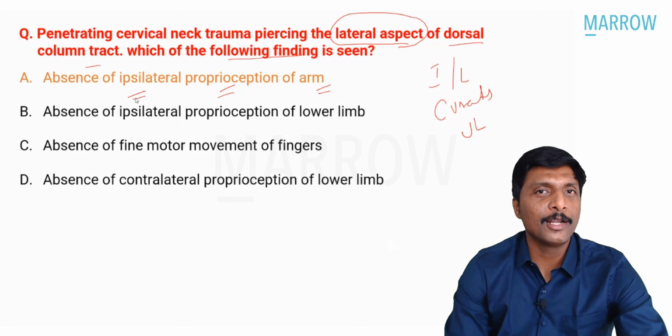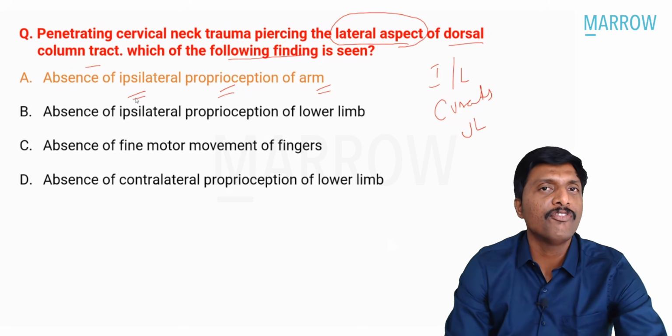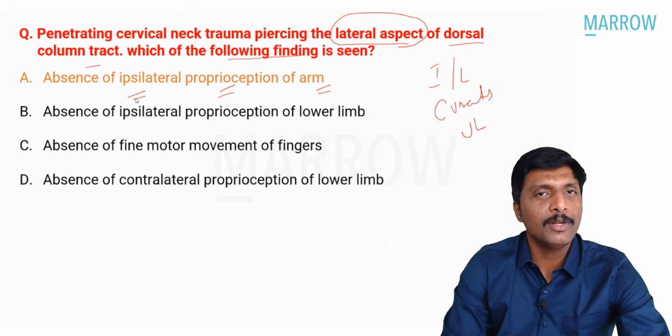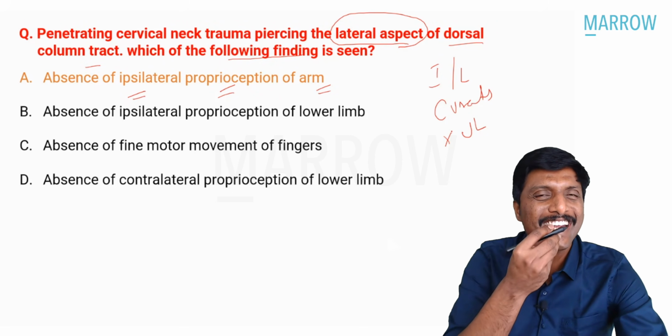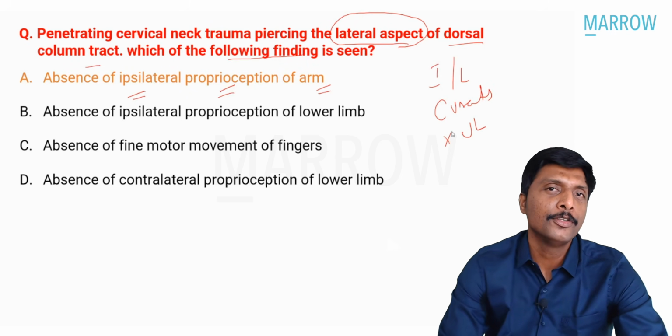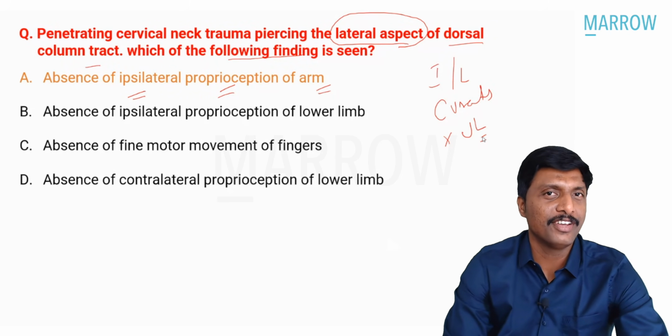Remember, among the dorsal column, gracilis is medial, cuneatus is lateral. Depending upon the injury spot, if it is lateral, cuneatus will be affected, from the upper limb. Eat, cuneatus, eat, upper limb. So obviously, the upper limb dorsal column senses on the ipsilateral side will be affected.